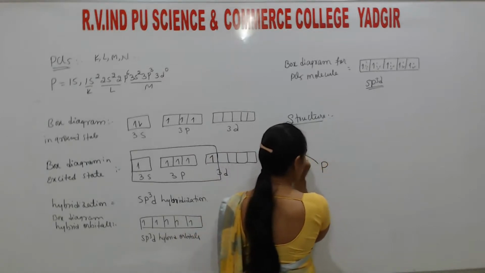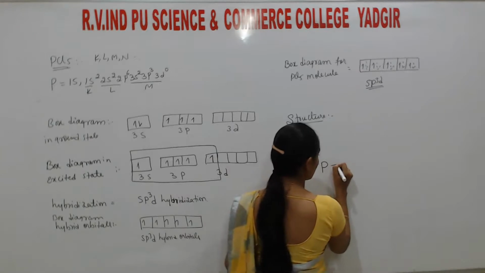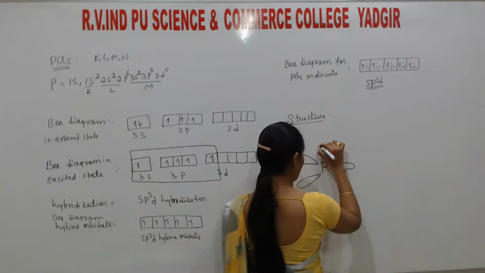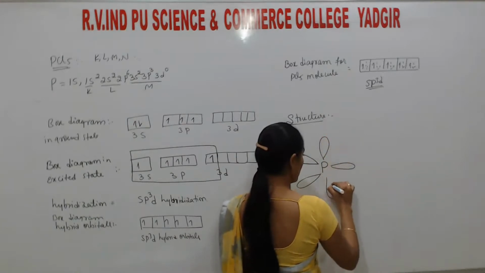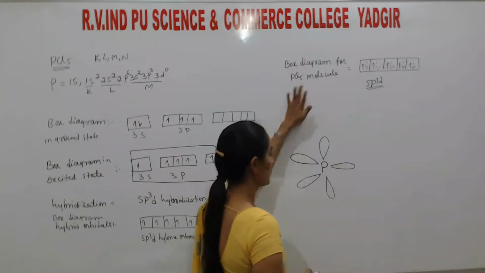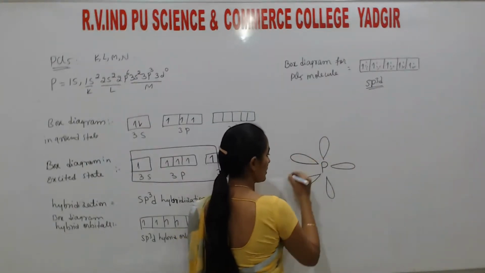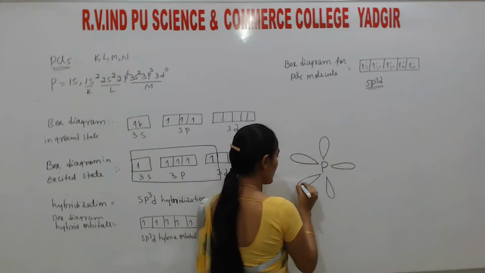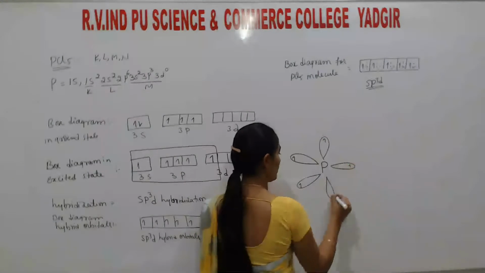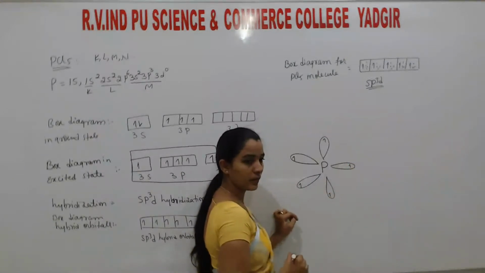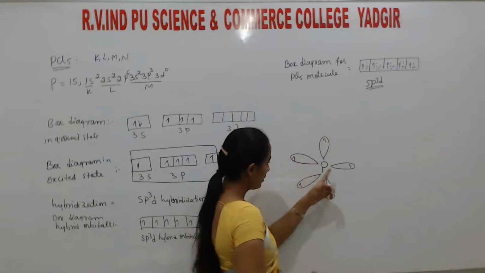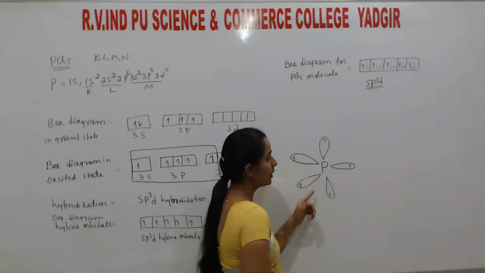The sp3d hybridized orbital shape is like this: trigonal, bipyramidal. This is the shape of the orbitals where single electrons are there. Now the Cl atom is bonded to the phosphorus hybrid orbitals.